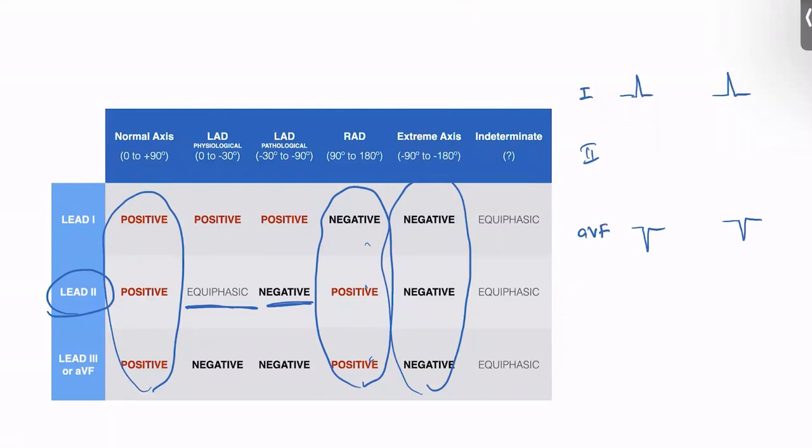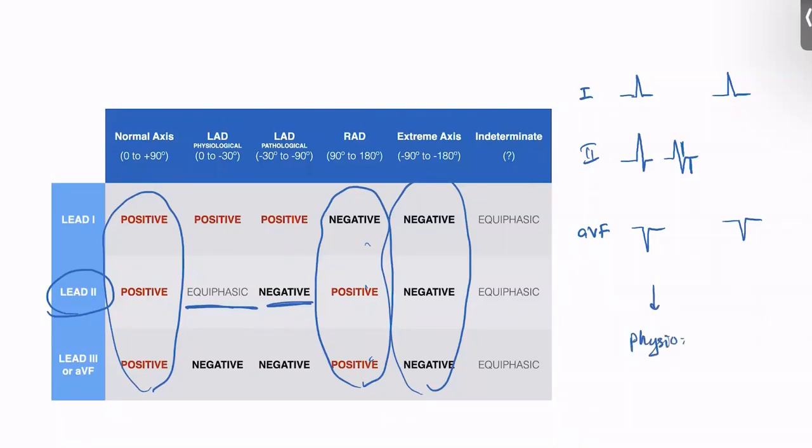If lead 2 has more positive deflection or is equiphasic, meaning the same length of positive and negative deflection, it is called physiological LAD.